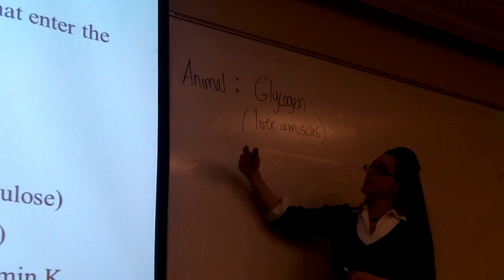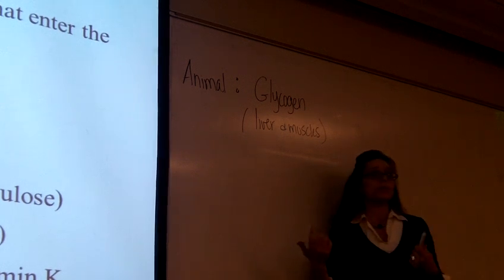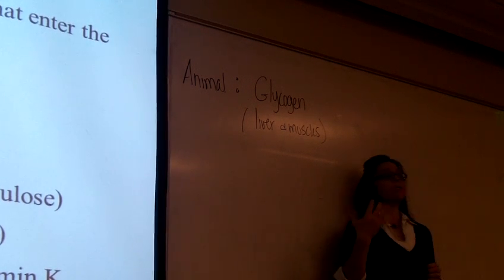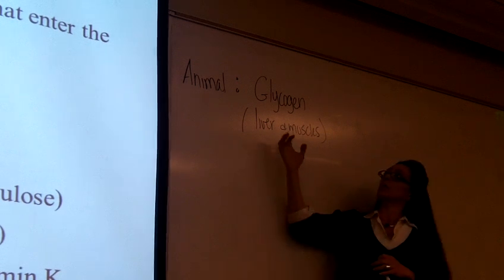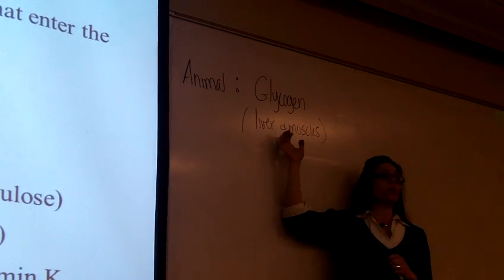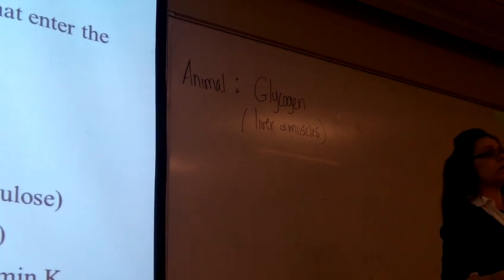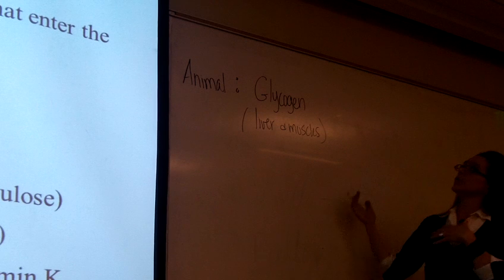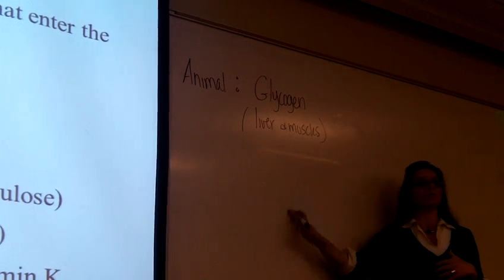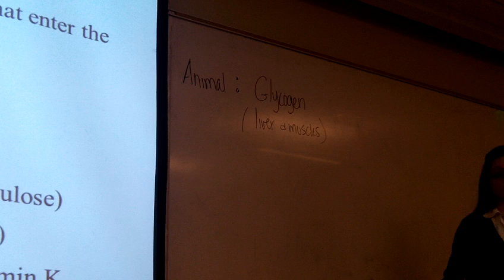And so when you eat any kind of animal product, some of the carbohydrates that you're getting from that animal are going to be in the form of glycogen. And we have enzymes that can break down glycogen, and we can get that glucose, and our bodies can use it as a nutrient source.